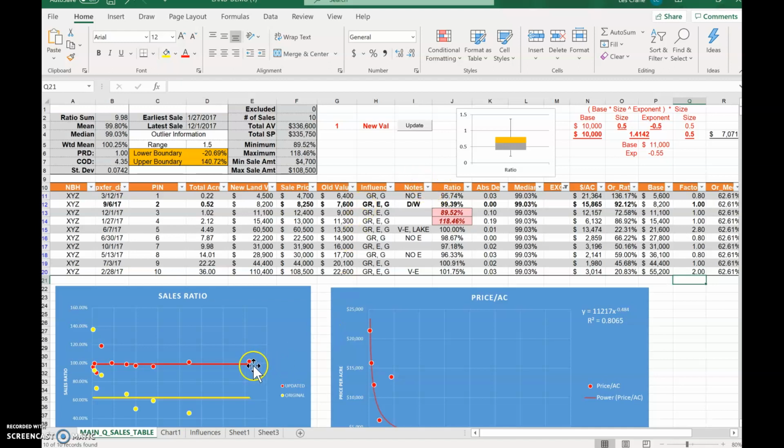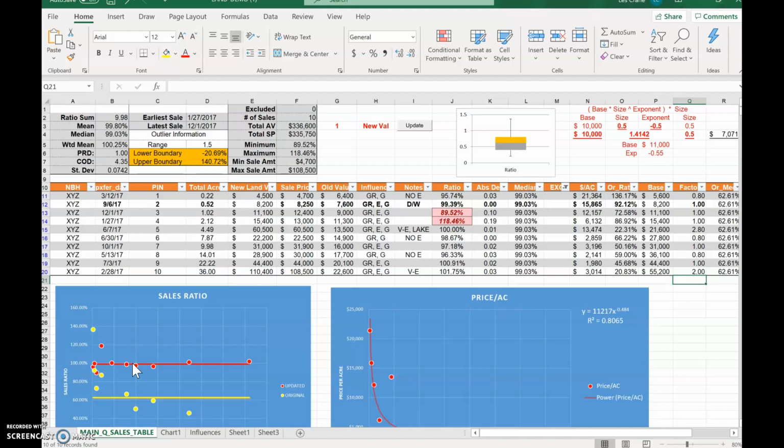So you can look down here on this graph, you can see all those sales are closely bound around that median ratio, where if you look at the values previously, they were kind of spread out all over the place. So we want to get those values as close to that median as we can, which is our COD, or the coefficient of dispersion.